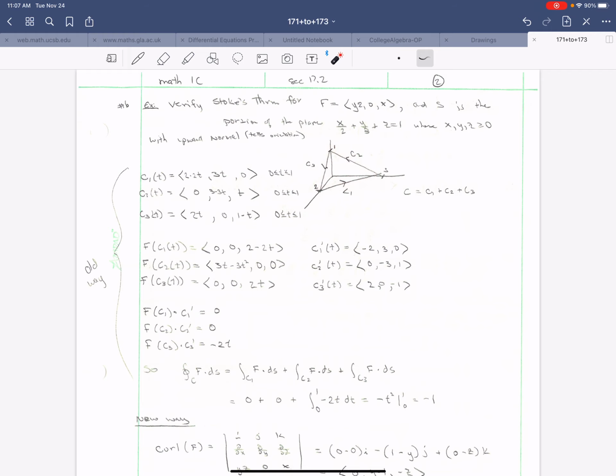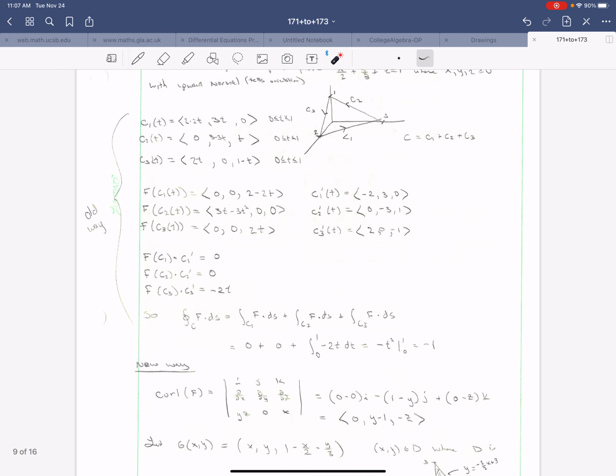In order to do that the old way, I would need 3 paths, and I would have to parameterize each one of those paths. And then I would need to do f of those paths. And I would need to find the tangent vector for those paths. Then I need to do f of c dotted with c prime for all of those paths. And then I have to set up multiple integrals to add that stuff together.